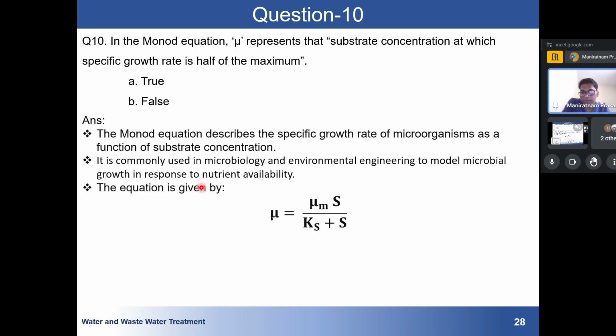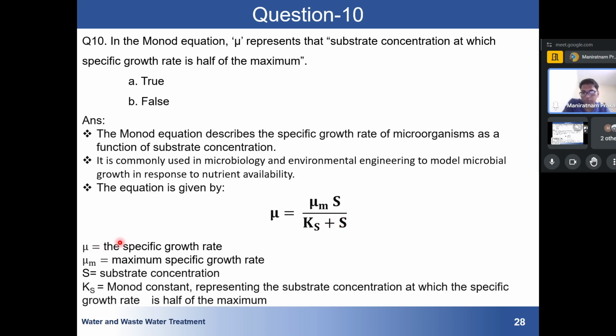The equation is given by mu = mu_m * S / (Ks + S), where mu represents the specific growth rate, the rate at which the microorganism is growing, and mu_m is known as the maximum specific growth rate, the maximum at which growth can happen.